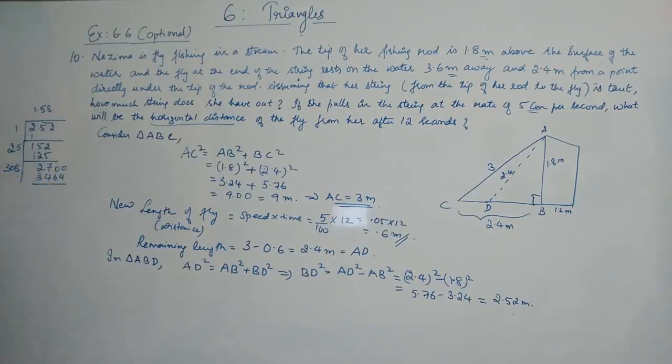Then again, when you do 158 into what you need into 2 will give you 306, and one more number you have to write, and after subtraction, 6 here from 10, you replace it with 3, and this will give you 2. So like this you will get.